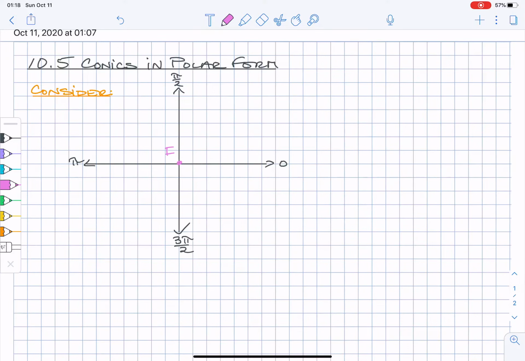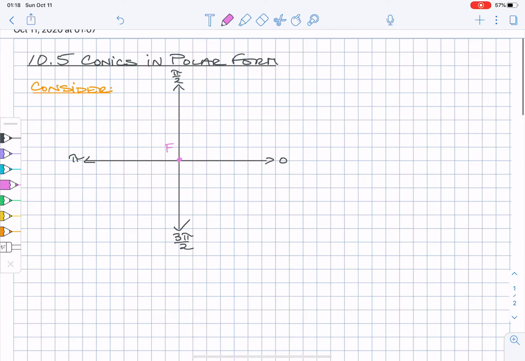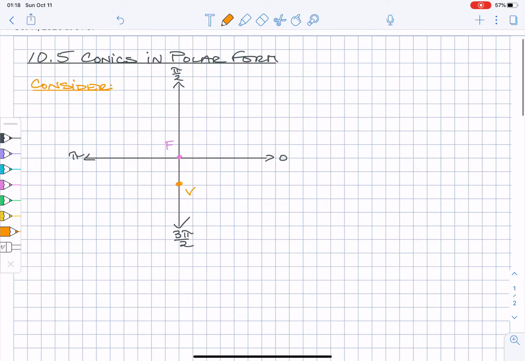So that means that our vertex, if we do a parabola, will not be at the pole. So let's say the vertex is somewhere down here. So here's our vertex. And let's have our parabola open upwards.